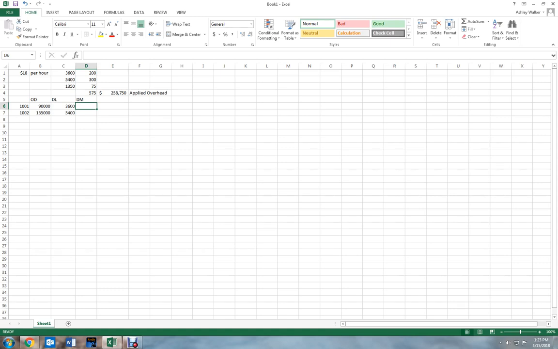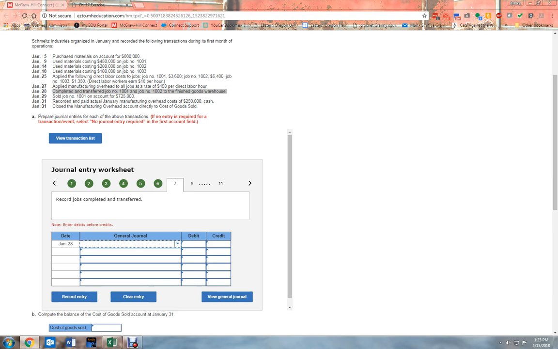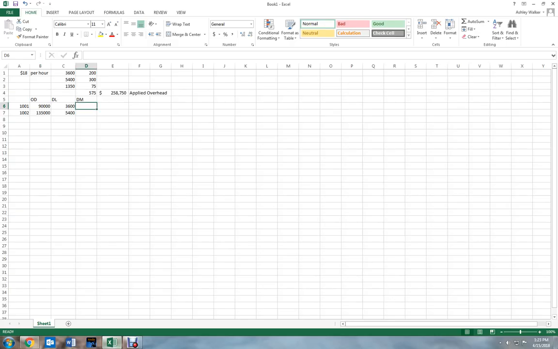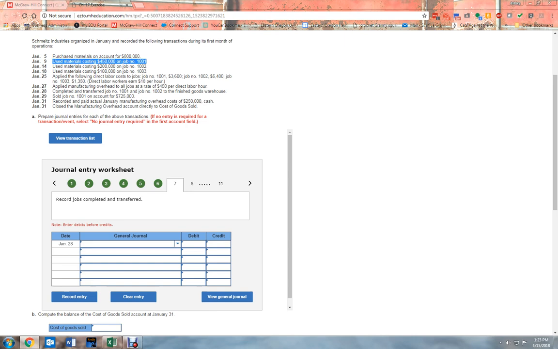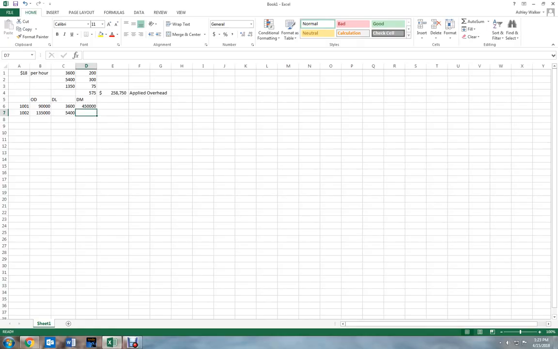And then direct materials, we go back and look. If we look at the January 9th transaction, going back, we used materials costing $450,000 there. And then for 1002, we used materials costing $200,000 there.